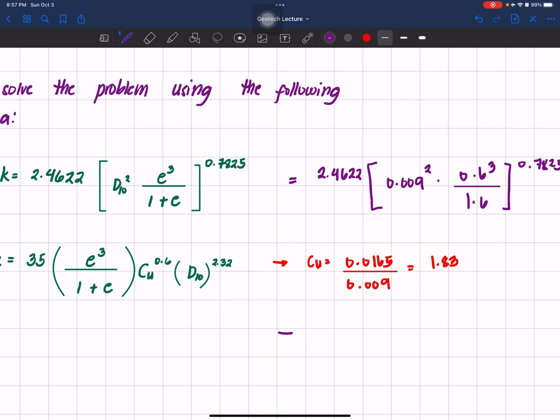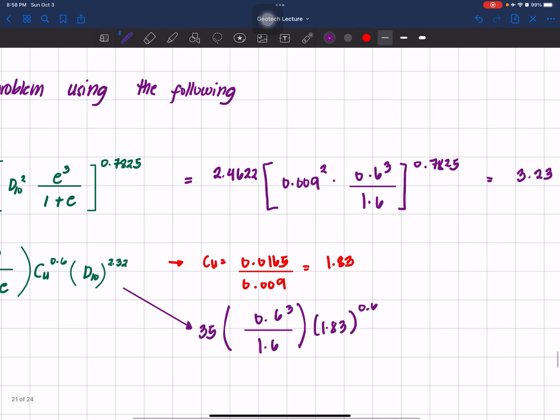We now have 35 multiplied by 0.6 cube over 1.6 multiplied by Cu, which is 1.83, and then raised to 0.6 multiplied by 0.009 raised to 2.32. Ayan.